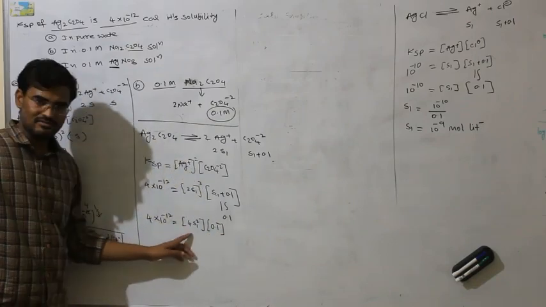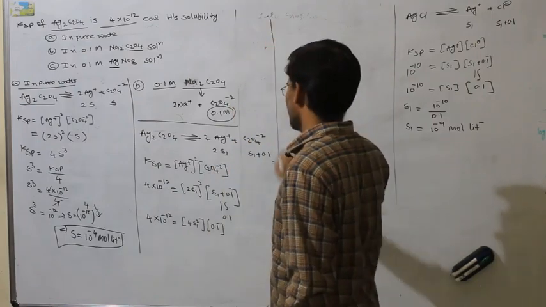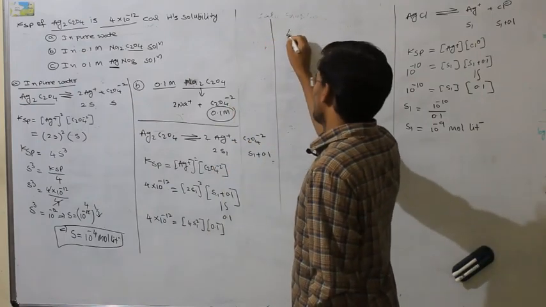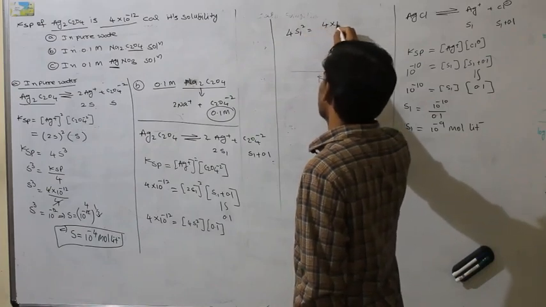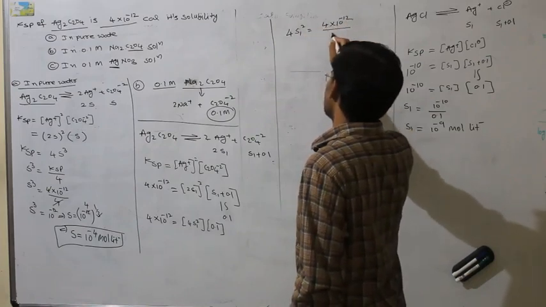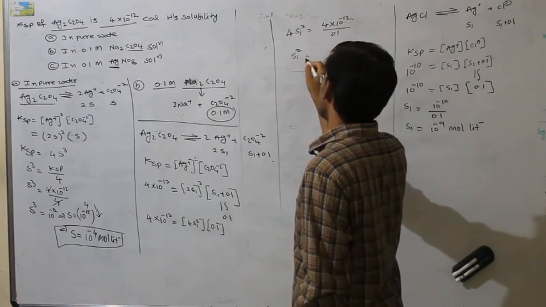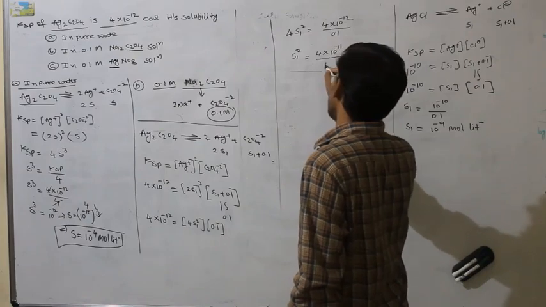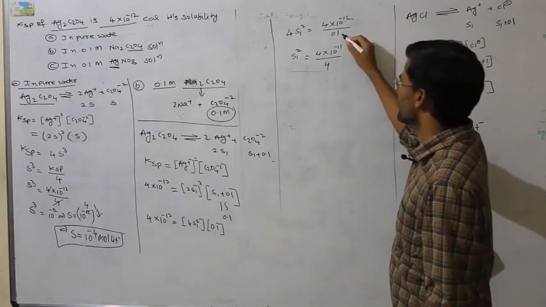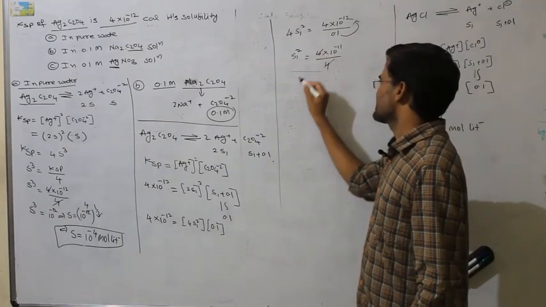We need the S1 value. Further proceed. 4S1 square is equal to 4 into 10 power minus 12 by 0.1. So S1 square is equal to 4 into 10 power minus 11 by 4. Now 4 cancels.